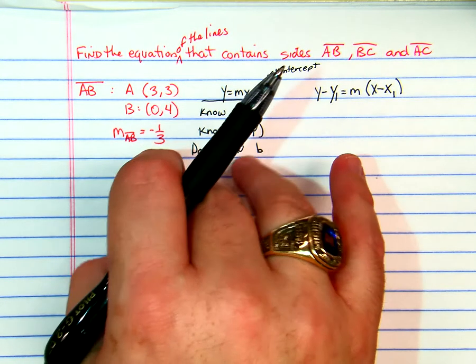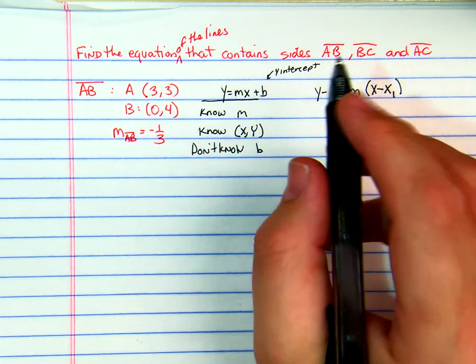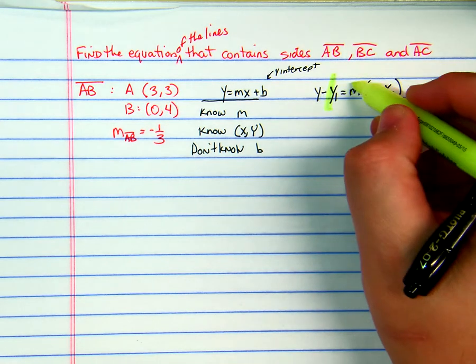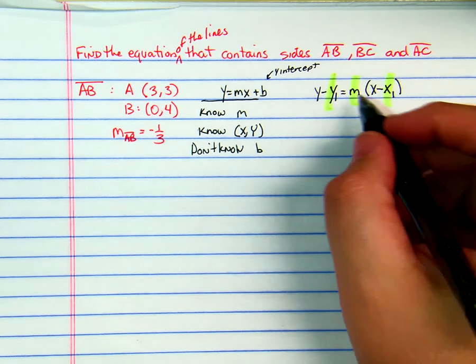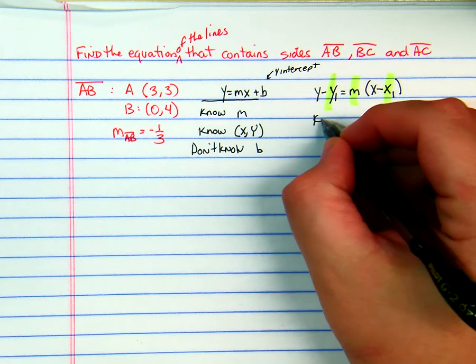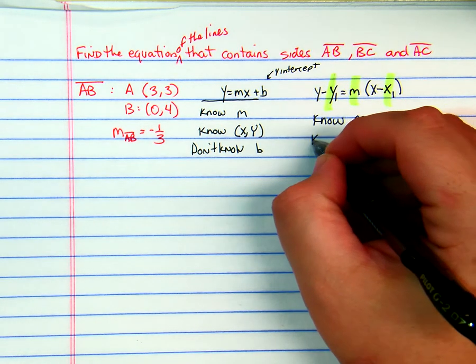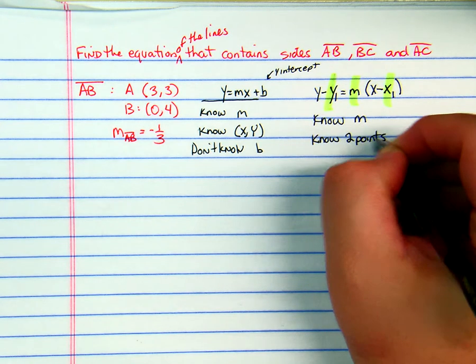I'll show you how to figure it out using this one. For this guy, the only things that we're ever going to fill in are these three things. So the nice thing is we know m, and we know 2 points that we could use.